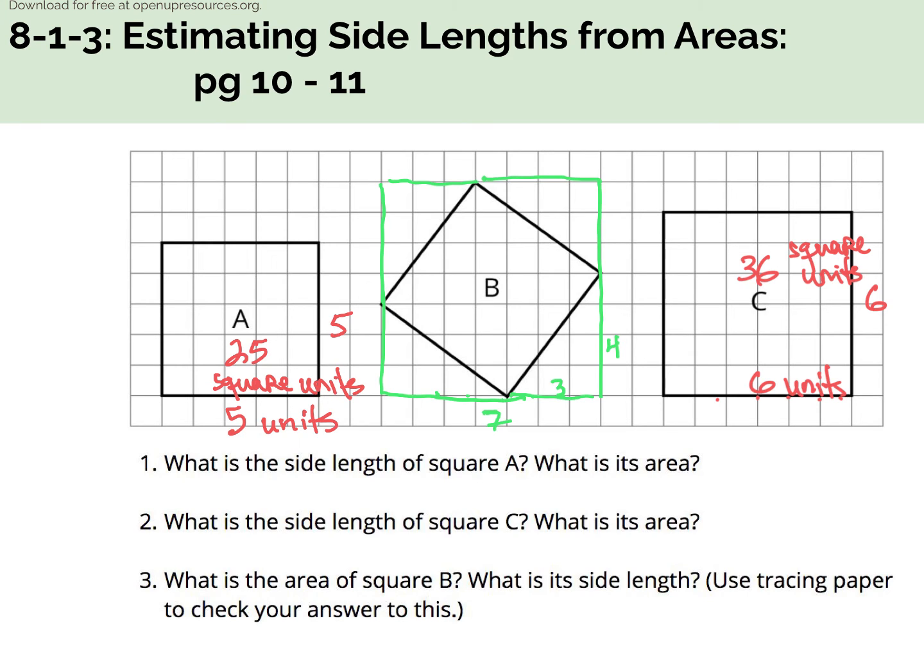So the area of the triangle is going to be 1/2 times 3 times 4. Let's go ahead and do that. So 1/2 times 3 times 4, and we're going to have 6 is the area of the triangles, and we have 4 of them, okay?